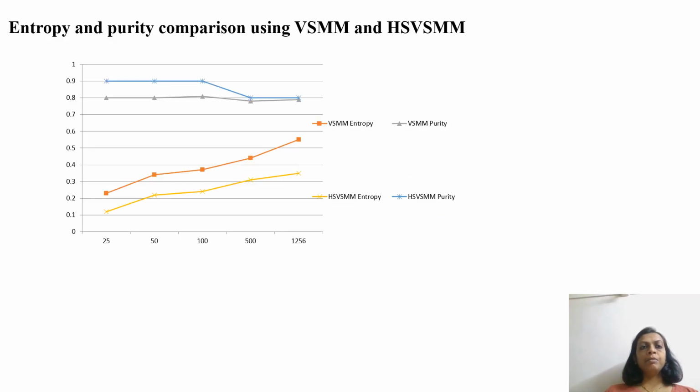And then for the proposed technique, we have done the comparative analysis, and you can see here that entropy is minimum and purity is maximum for the proposed technique. So this is the comparison between the existing technique and the proposed technique.